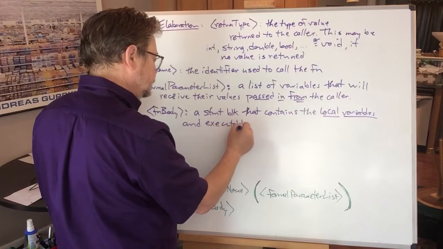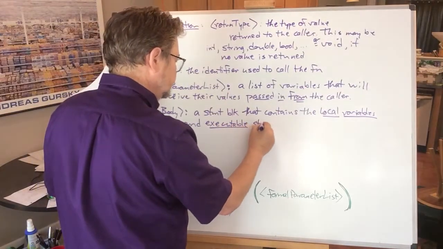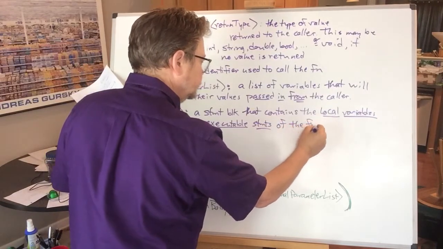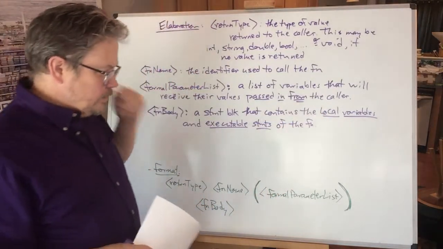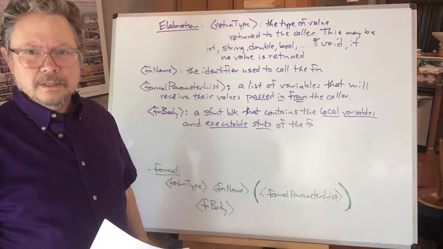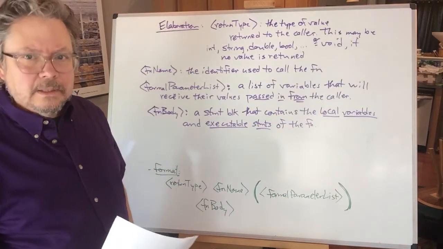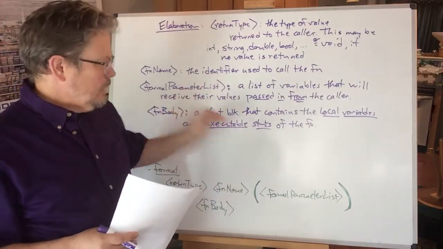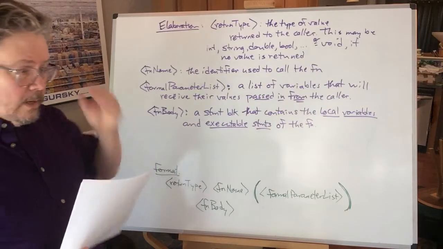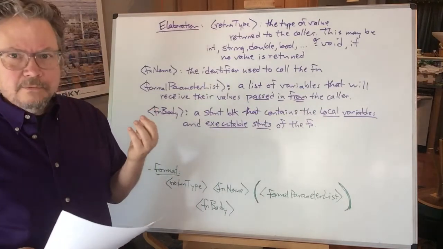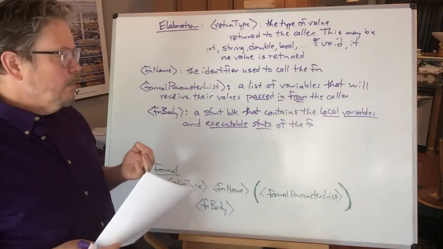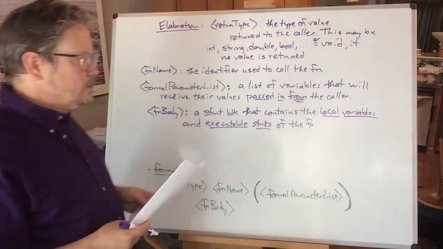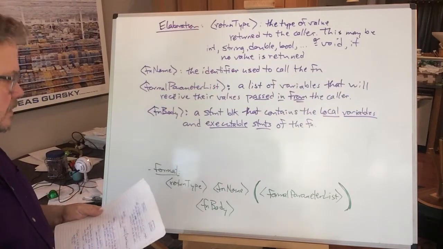E-X-E-C-U-T-A-B-L-E. Executable in the sense that stuff like assignment statements, arithmetic, an if maybe, an else maybe, those are executable. Those are activities to do. In addition to local variables. Local variables are like the scratch work variables that a function needs to be able to do its job, but the main program doesn't have any business using them. And again, all of this will make more sense, I hope, when we start looking at some examples.